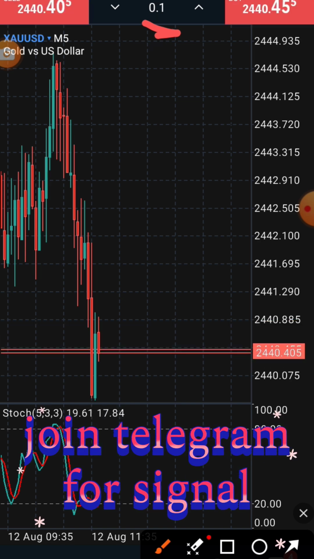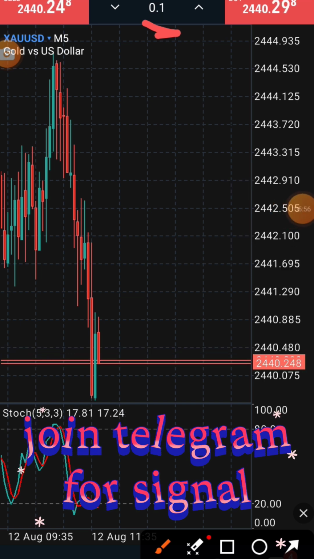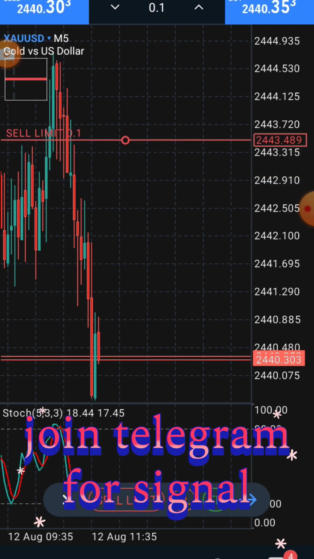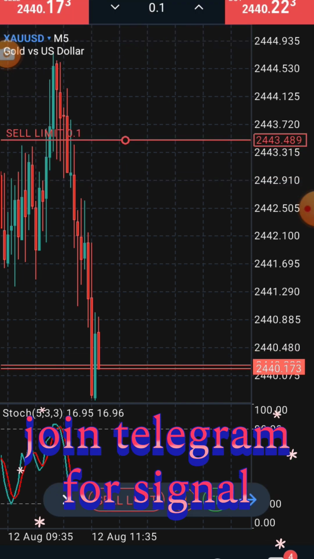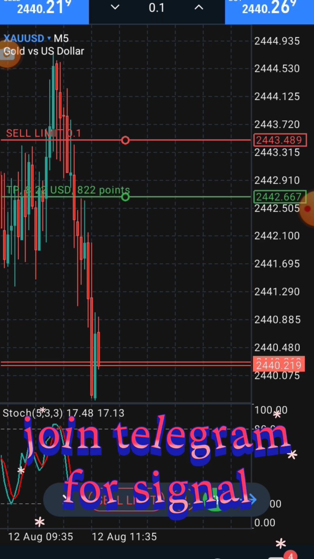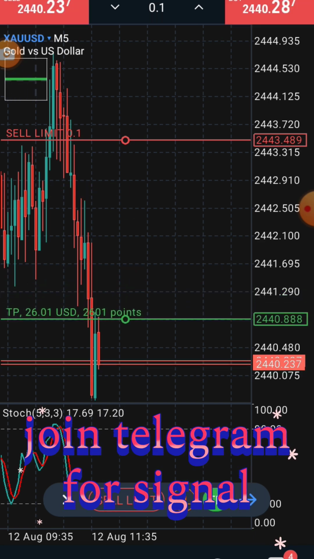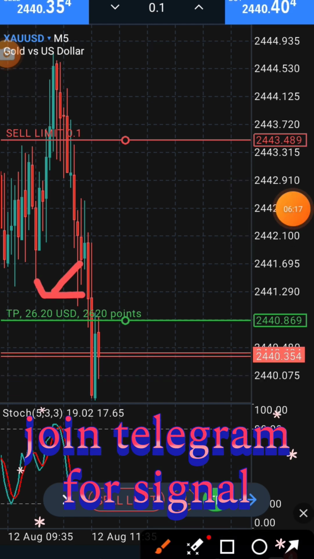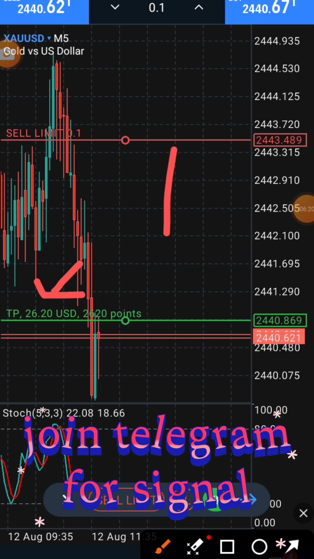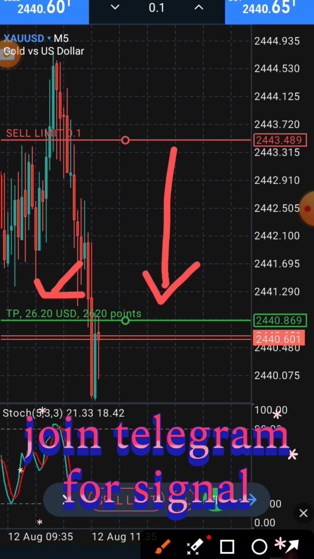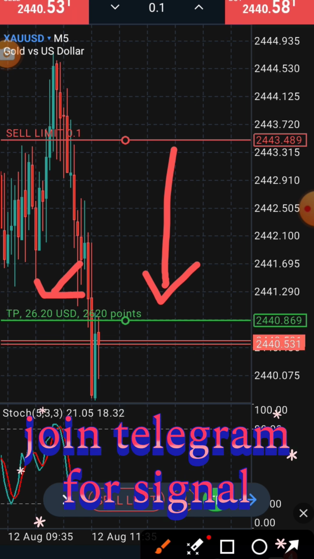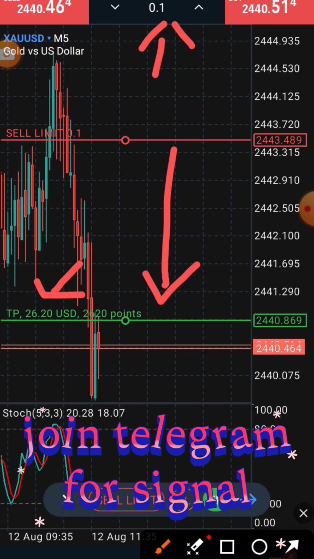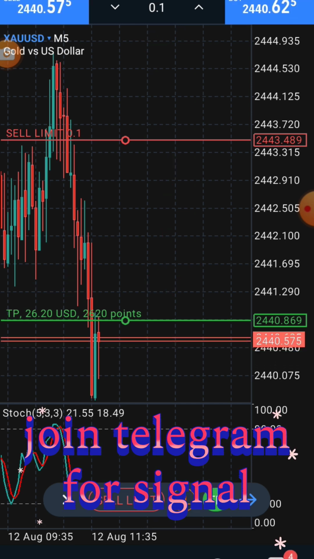For example, I placed a sell limit here, and the market moved to here. Here you can say the TP is 26, which means from here to here the market moved 26 pips. How did we calculate it? Because we have taken the mini lot size.